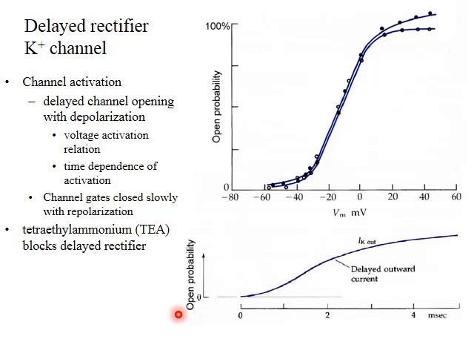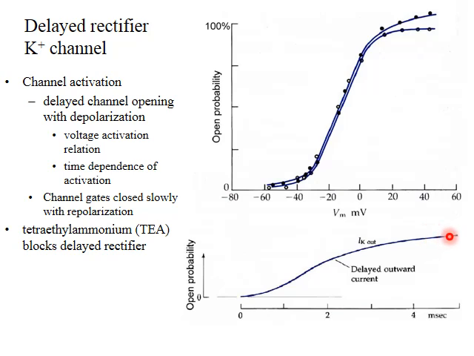We initially hold the cell at a very negative potential, minus 80 millivolts, where the open probability will be very low. And then at time equals 0, we very quickly depolarize the cell to, let's say, plus 10 millivolts. And then we measure how long it takes for the channels to open.